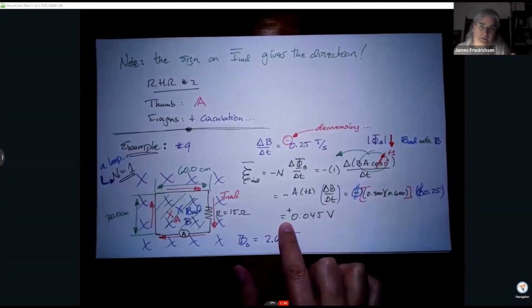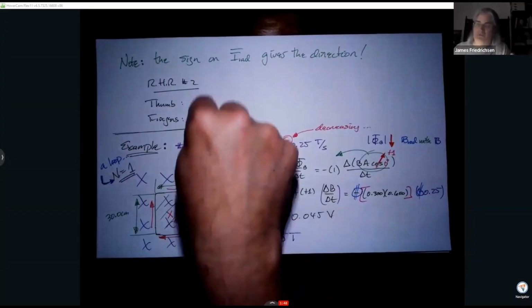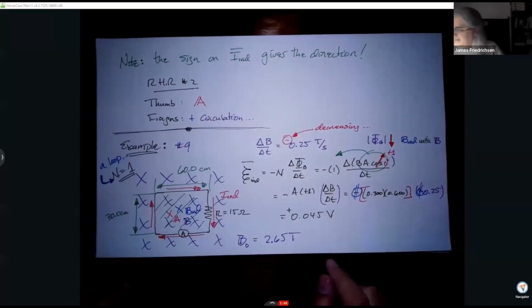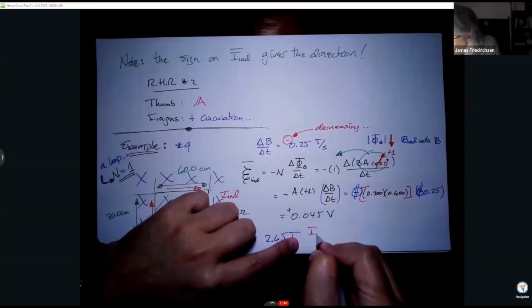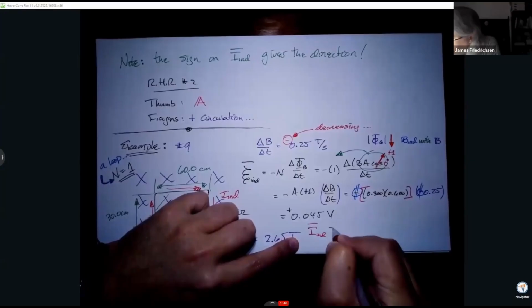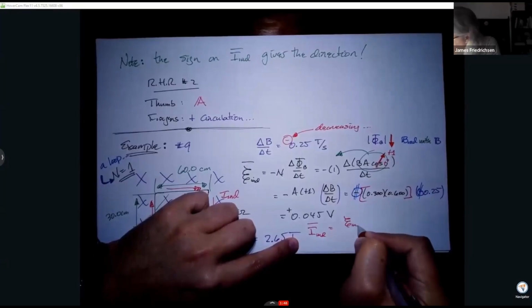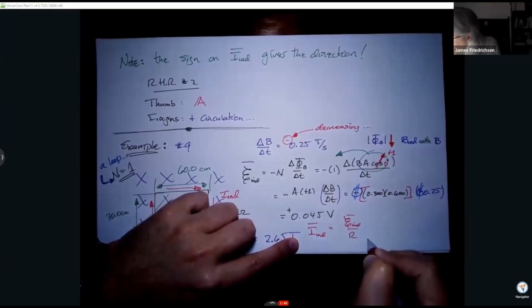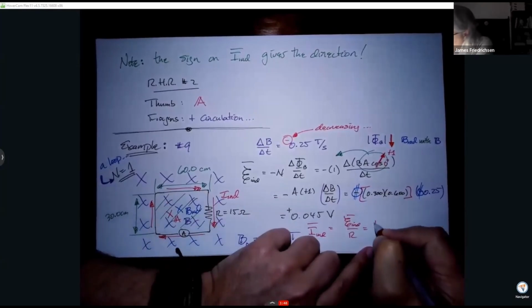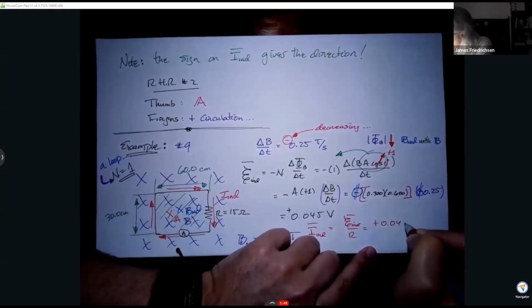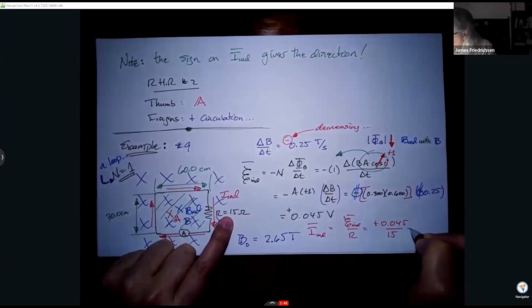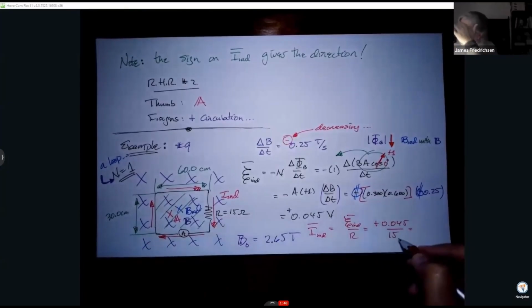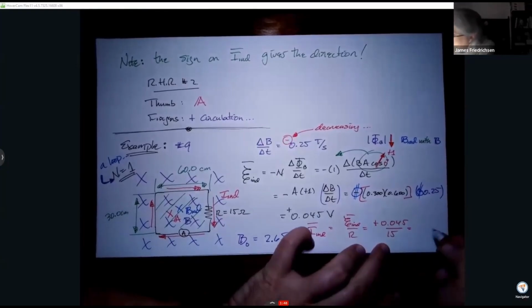Positive tells us the direction if we use this rule. Okay. And then to get the current, which is what they asked for, we use Ohm's law. The induced current is our induced voltage over the resistance. So this is the plus 0.045 volts over 15 ohms. 15 goes into 45, what, 3 times?